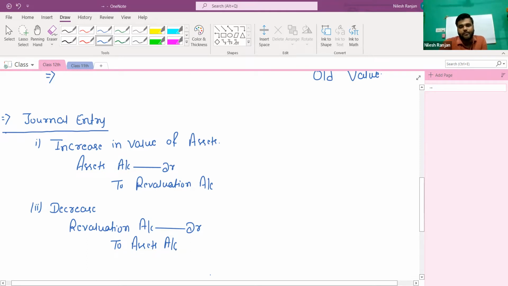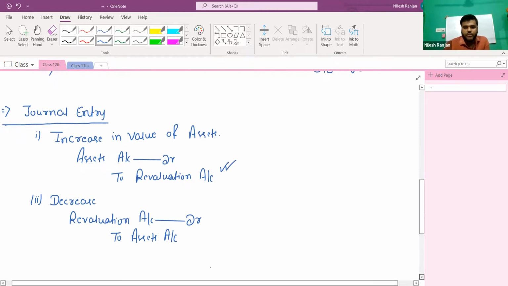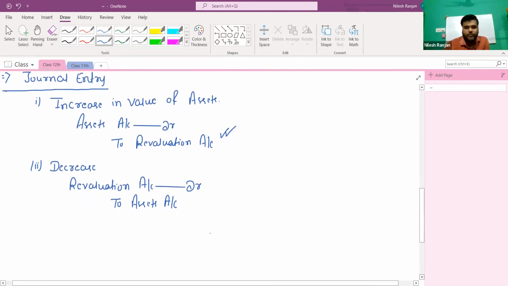Unrecorded assets. So same as increase in value, asset account debit to revaluation. Yes, very good. So for unrecorded assets, we have to pass the same entry: assets account debit to revaluation account.